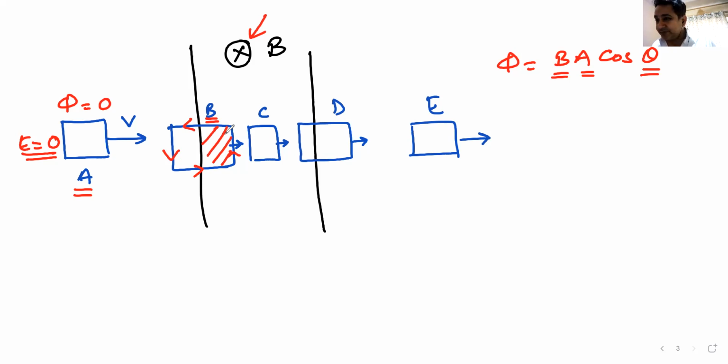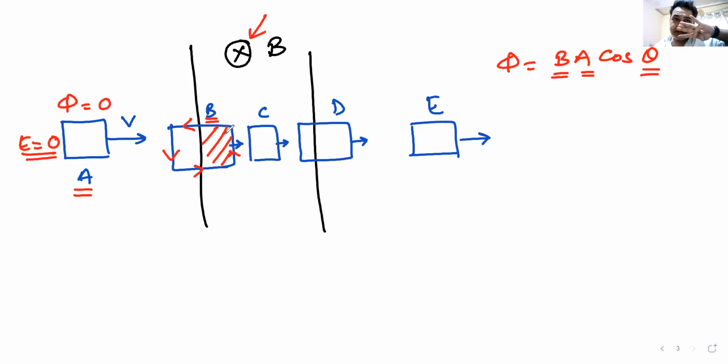Did you get my point? I'll repeat how I did it. Step number 1, is flux linked? Yes. Step number 2, is the flux changing? Yes. Step number 3, increasing or decreasing? Increasing. So what do I need to do? I need to decrease it. How do I decrease it?